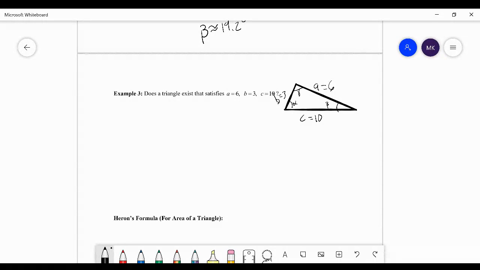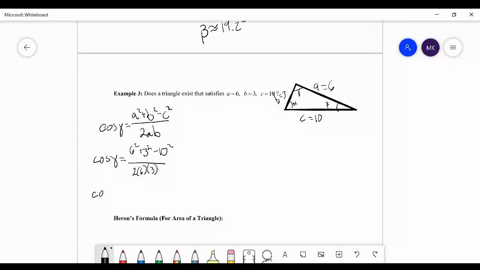So using the kind of variant of the law of cosine, we get that cosine of gamma is equal to a squared plus b squared minus c squared over 2ab. So cosine of gamma equals 6 squared plus 3 squared minus 10 squared over 2 times 6 times 3.